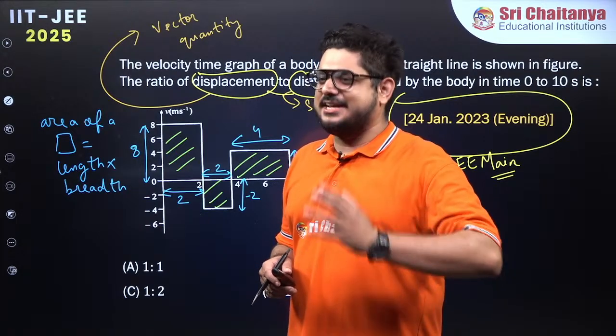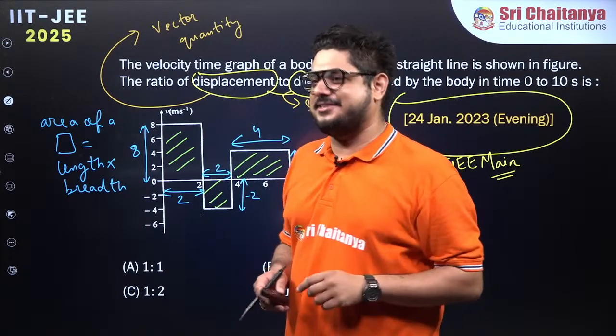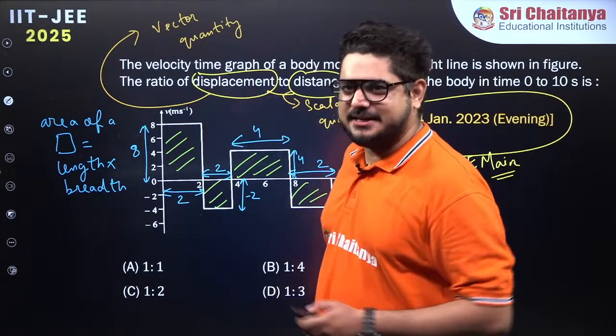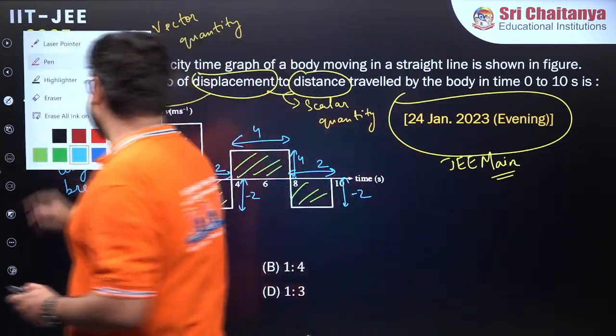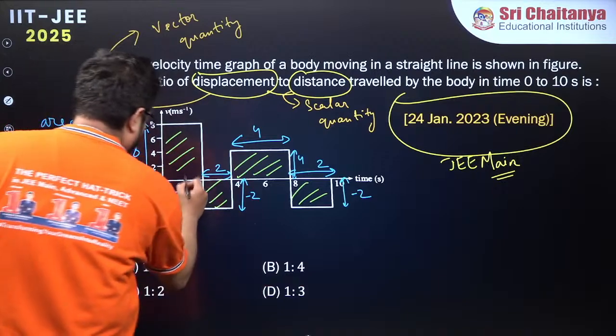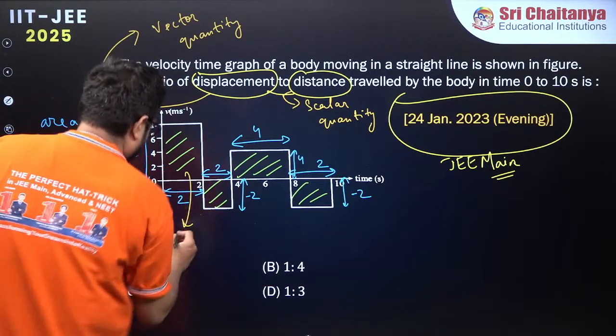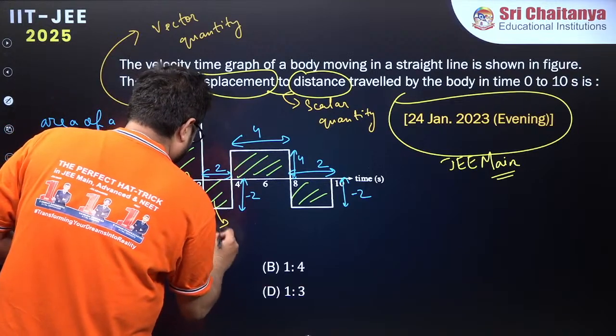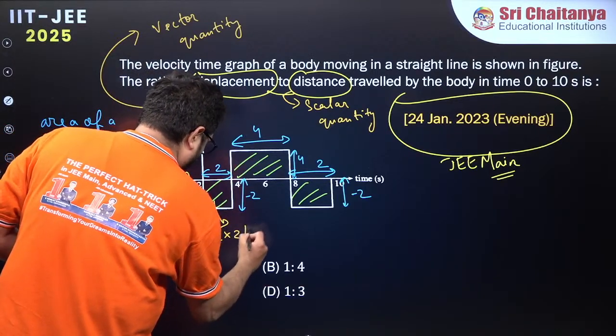Vicky Sana, it is positive. Don't worry. I will show you what's the difference. First of all, we need to calculate the displacement. So first of all, you can calculate the areas. This is 8 into 2. This has to be 2 into 2 or 2 into minus 2.